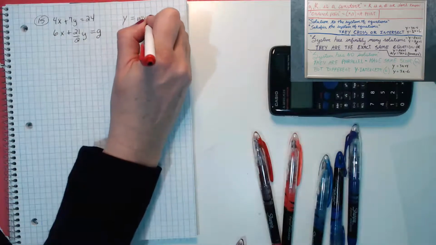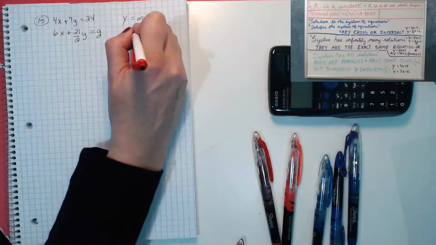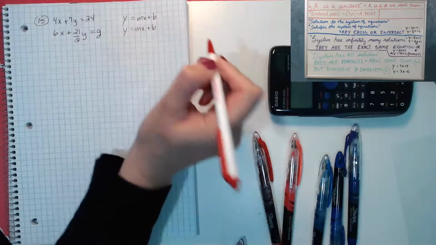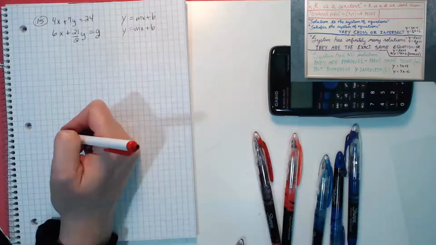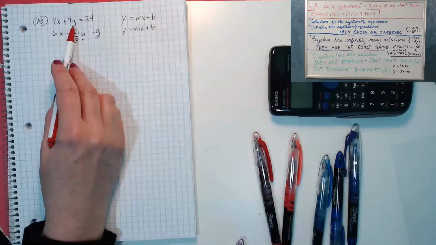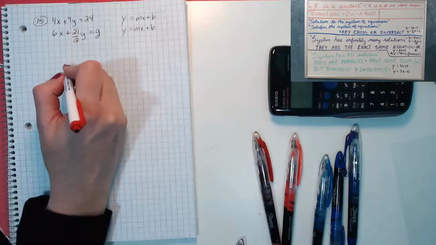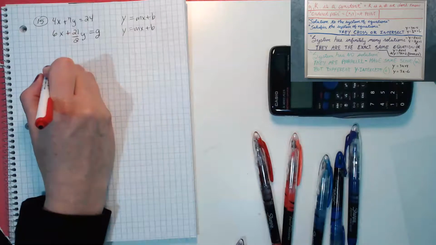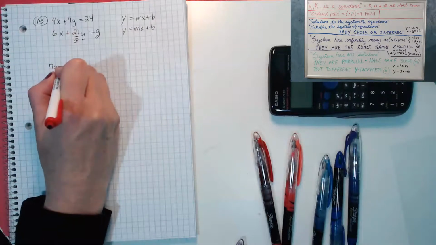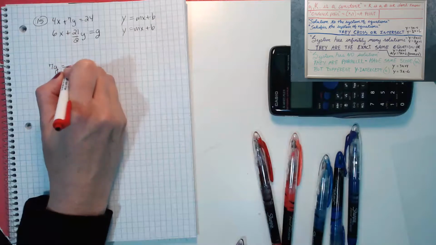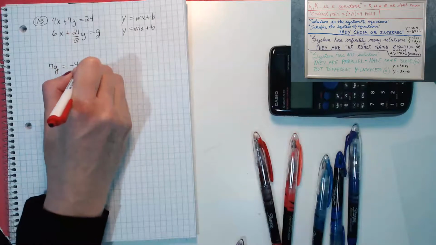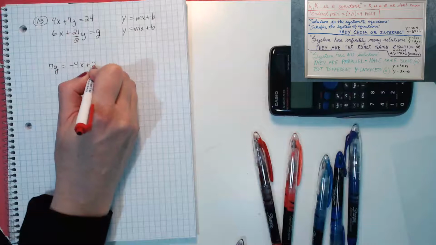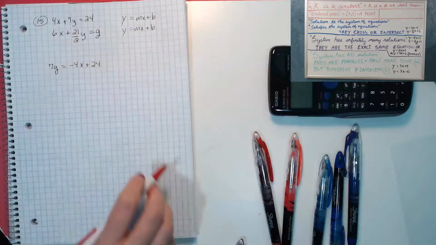Y equals mx plus b. Doesn't have to be this one, but this is what your brain knows, and we're just going to keep going with this one. So on the first one, I'm leaving the 7y over here. I'm going to have a negative 4x plus 24.